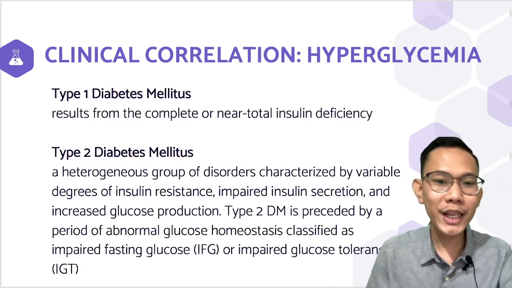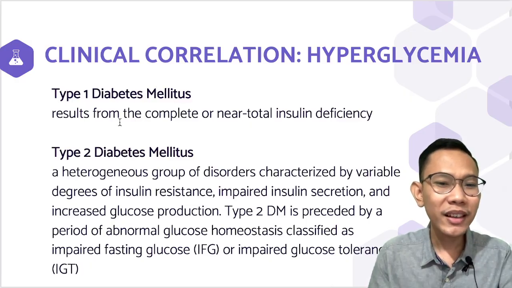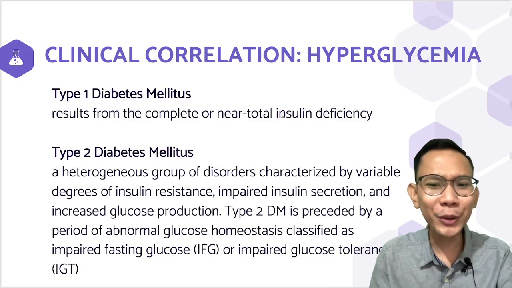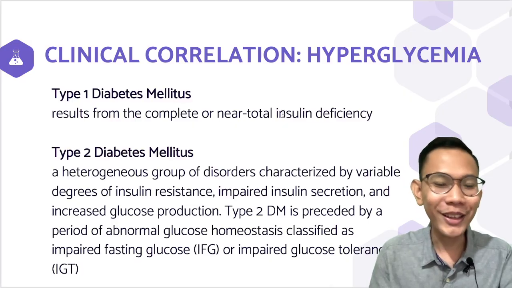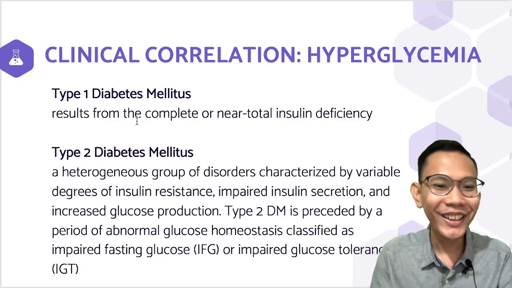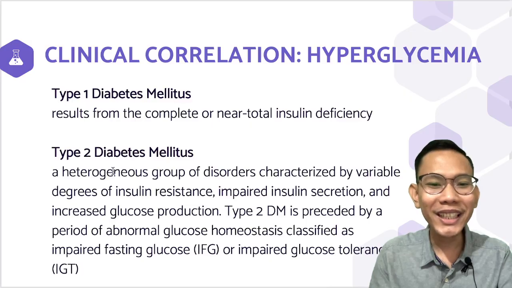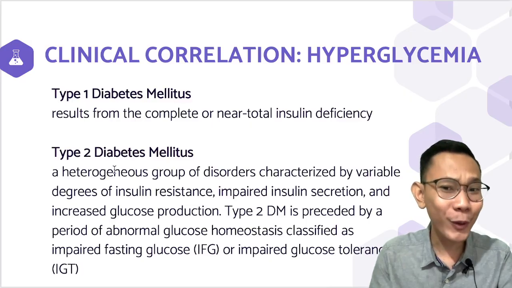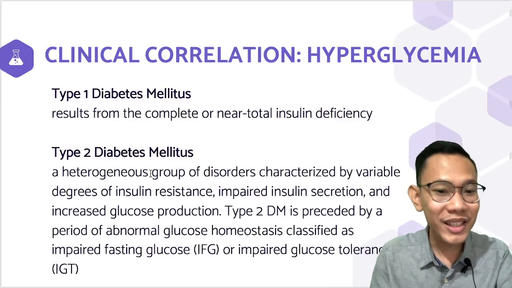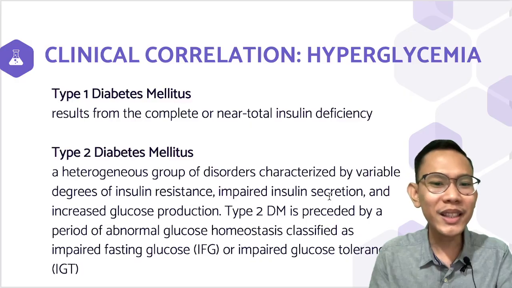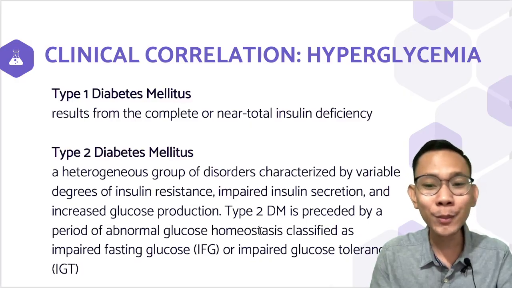Again, so let's proceed with your type 1 and type 2. So your type 1 diabetes result from complete or near total insulin deficiency. Again, paulit-ulit na lang tayo, Doc Von. Memorize na natin to. Your type 2 DM, again, it is a heterogeneous group of disorders characterized by a variable degree of insulin resistance, impaired insulin secretion, and increased glucose production.